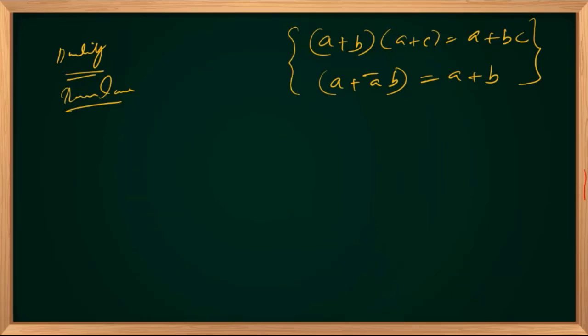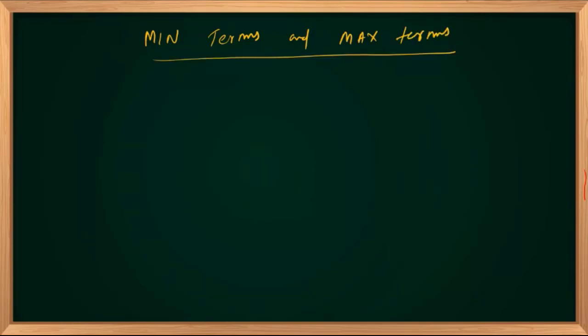So if you are comfortable with this, we'll move on to next important topic, that is called min terms and max terms. This is the most important in digital electronics. All upcoming topics are related to the min and max terms.